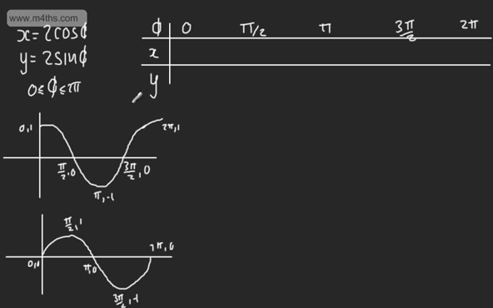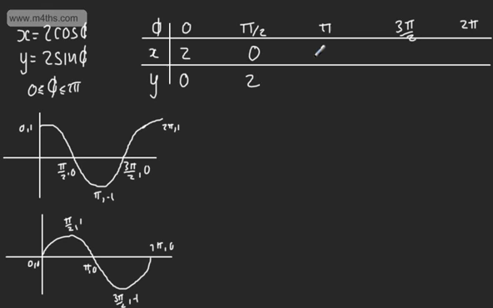So if we consider now, if theta is 0, right here I'm going to have x is 2 lots of cos of 0, so that's going to be 2. And then sine of 0 is 0, that's going to be 0. If I take pi by 2, cosine of pi by 2 is going to be 0, and now sine of pi by 2 is going to be 1, so that's going to give me 2 lots of 1.